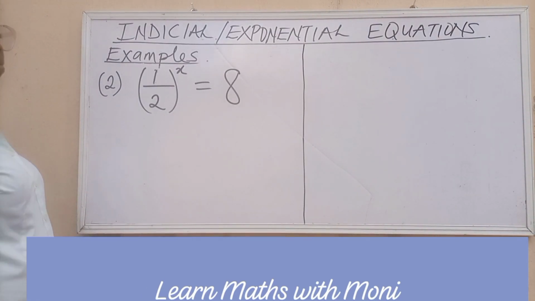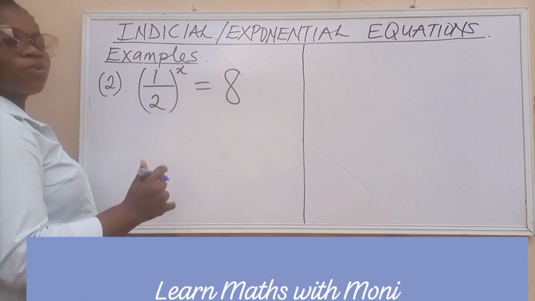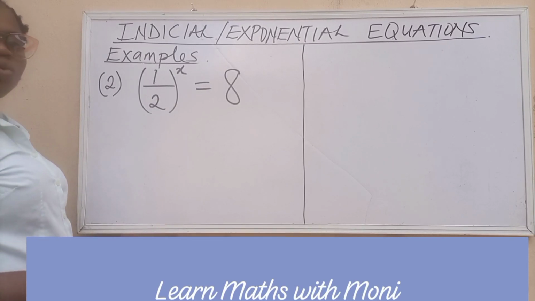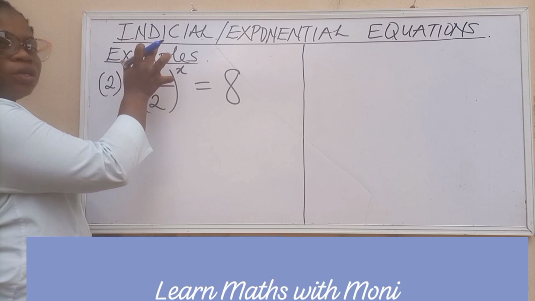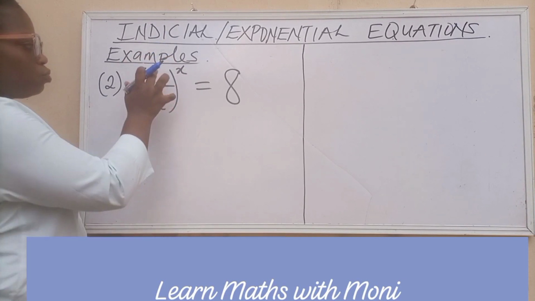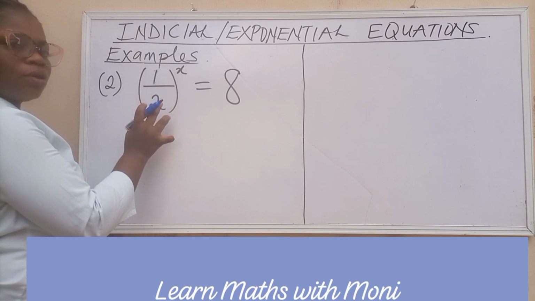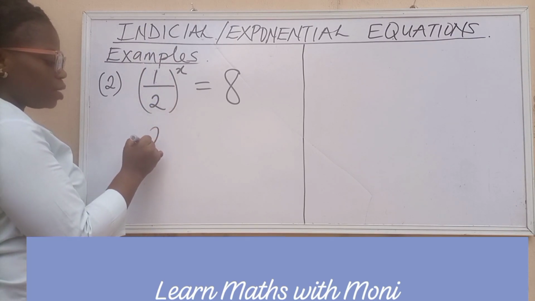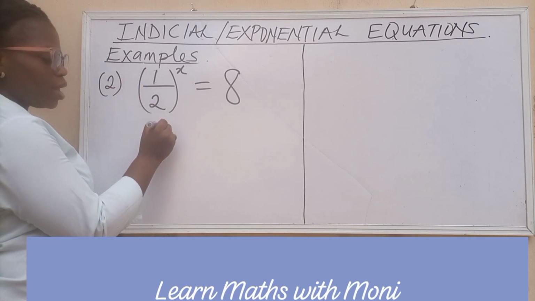A second example is 1 over 2, everything raised to power x, equals 8. We will be applying the inverse rule, or the rule of negative power. Because of the inverse, I will say I have 2 to the negative power.